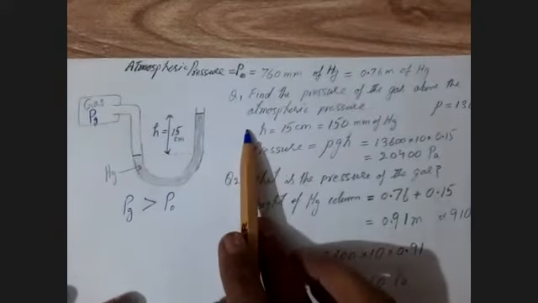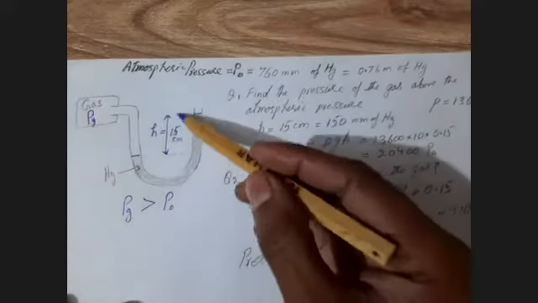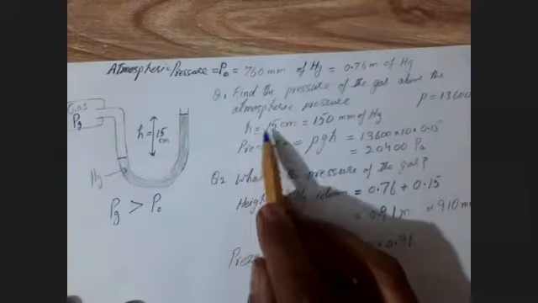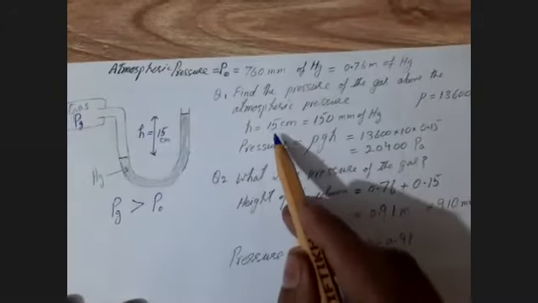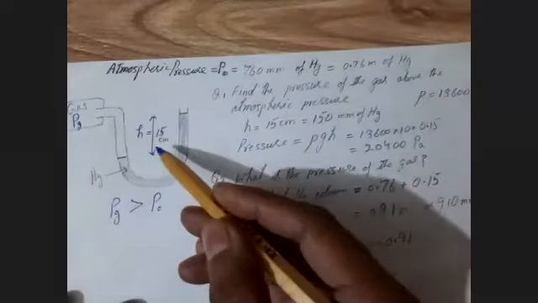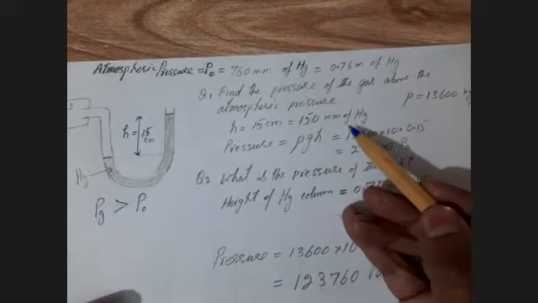It means if he is asking the pressure above the atmospheric pressure, then only this height will be considered, which is 15 centimeter. So the height difference of the column is 15 centimeter, and you can say that this pressure above the atmospheric pressure is 150 millimeter of Hg.